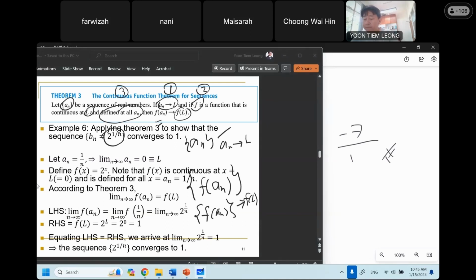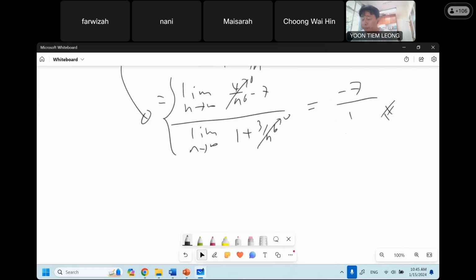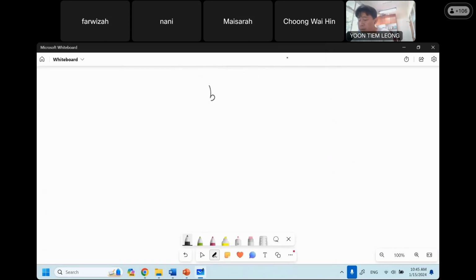I'll give you the example here. Say you have a sequence of 2 raised to the power of 1 over n, and you are asked to calculate the limit of this sequence when n goes to infinity. So just look at the sequence of 1 over n first.